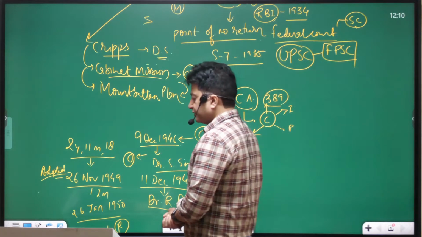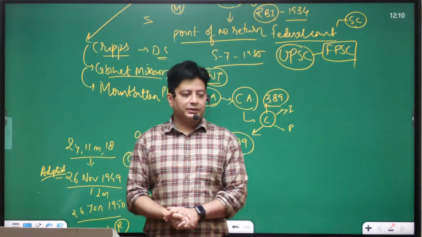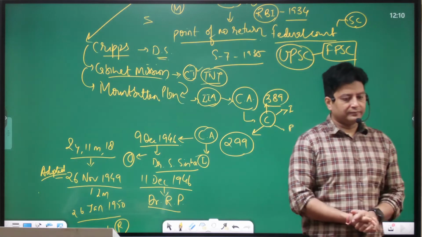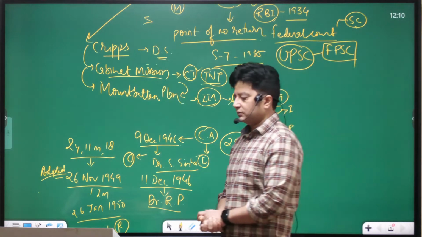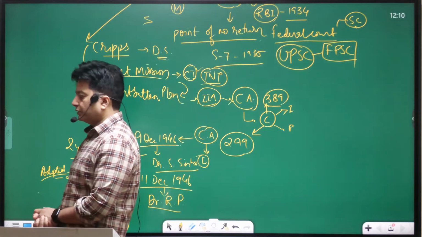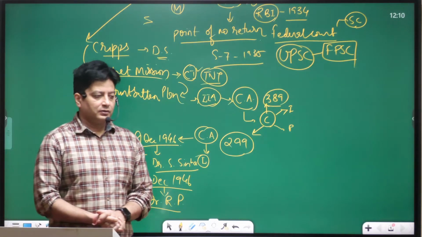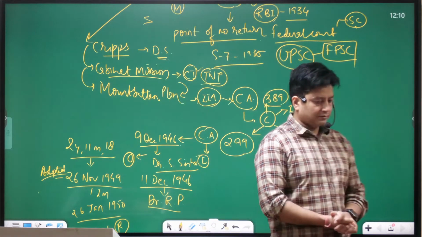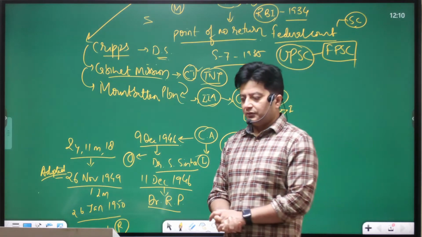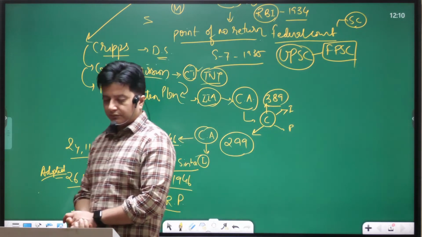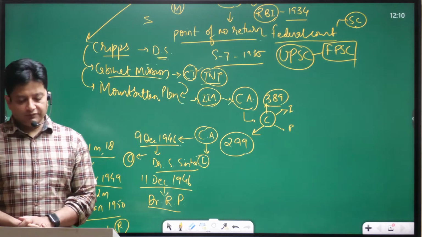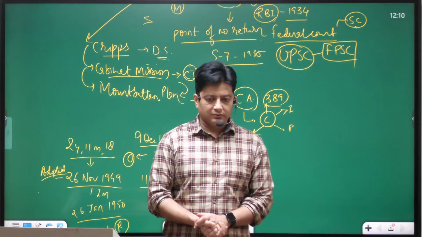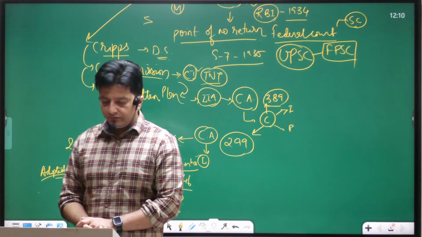Bicameralism, in addition to the federal level, was also introduced at the provincial level to have upper house or today's legislative council.